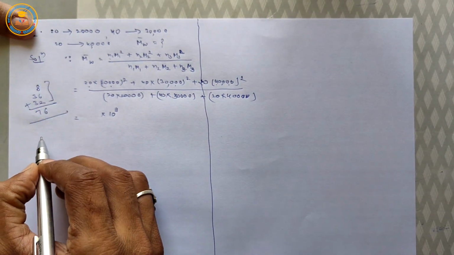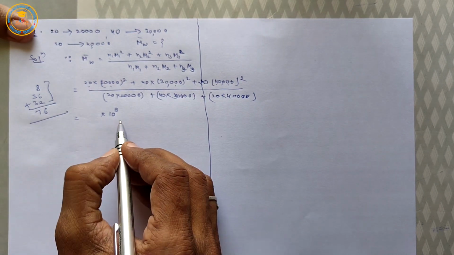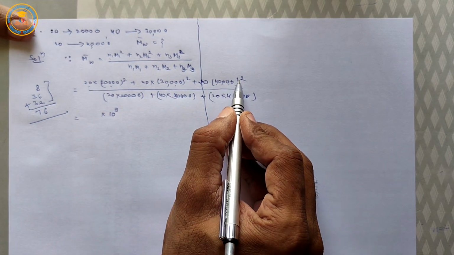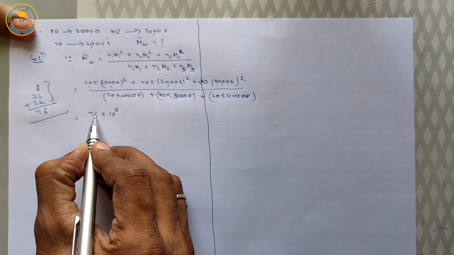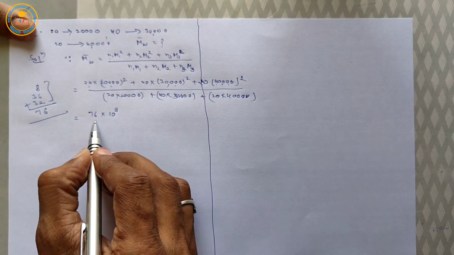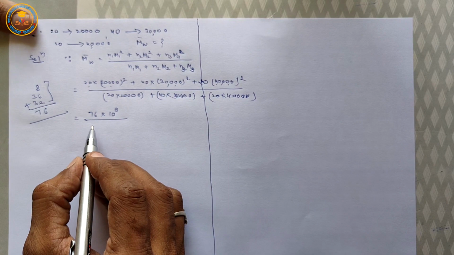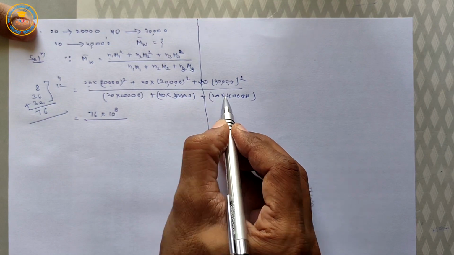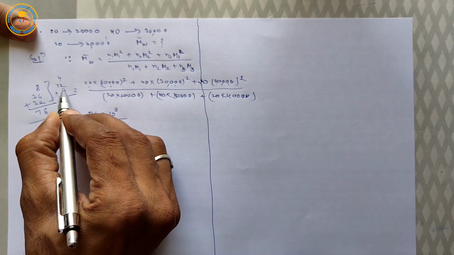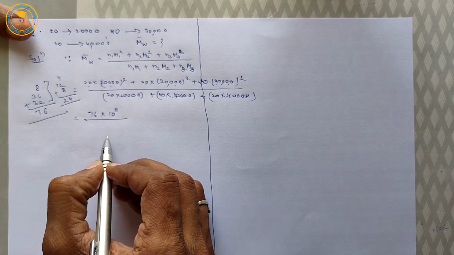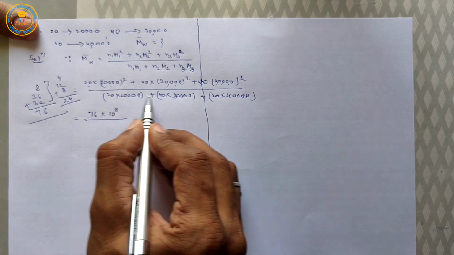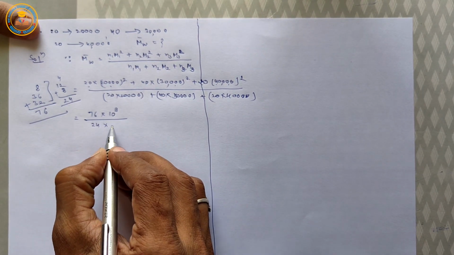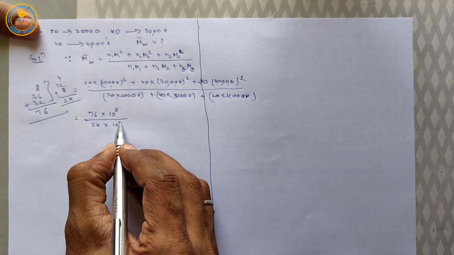Sum of all these numbers is equal to 76, so numerator is 76 into 10 to the power 9, divided by 2 4s are 8, 4 3s are 12 and 2 4s are 8. Resultant value is 24. Here 5 zeros are present in all the numbers, so we can write 24 into 10 to the power 5.